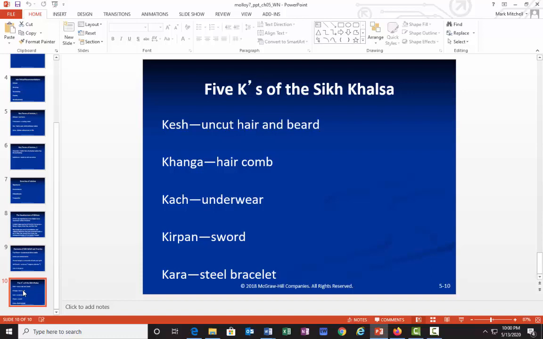Different colors may denote something about the prestige of the owner. The size of the turban may indicate different levels of authority, but it's non-mandatory, so you're not required to wear it. If you're a male, that's what you would wear, but if you're a female, you would not wear a turban. You would wear a veil instead.